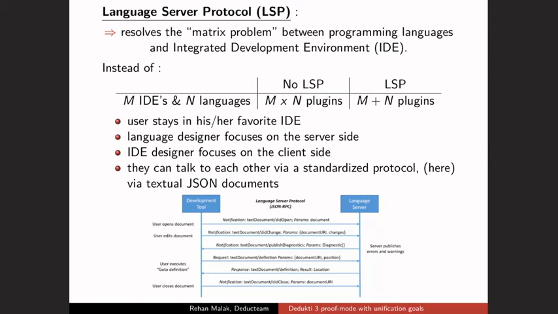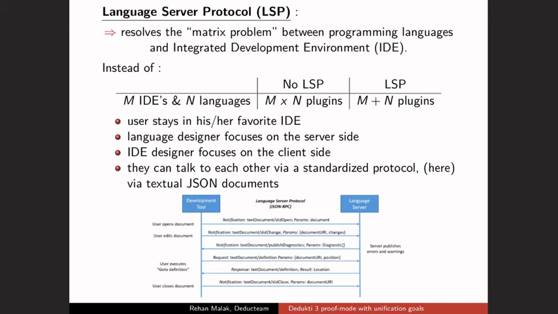With LSP, it's different. The user stays in his or her favorite IDE. The IDE designer focuses on the LSP client side, and the language designer, here the Dedukti 3 developers, focuses on the LSP server side. So they just have to respect the basic protocol and talk to each other through textual JSON documents.